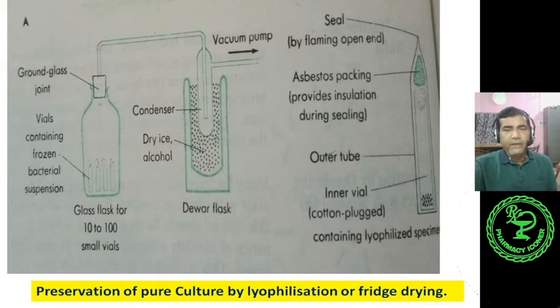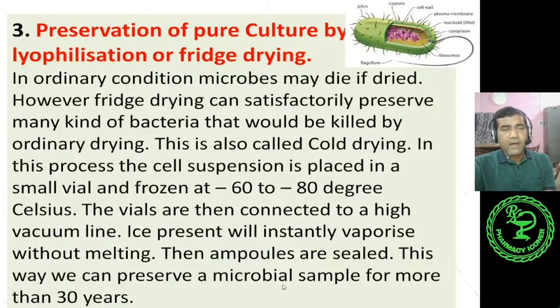So now it will be sealed. This type of sealed vial can preserve the microorganism up to 30 years or more. So it is a long lasting procedure. When we need to preserve something for a really long period of time, we use this technique.